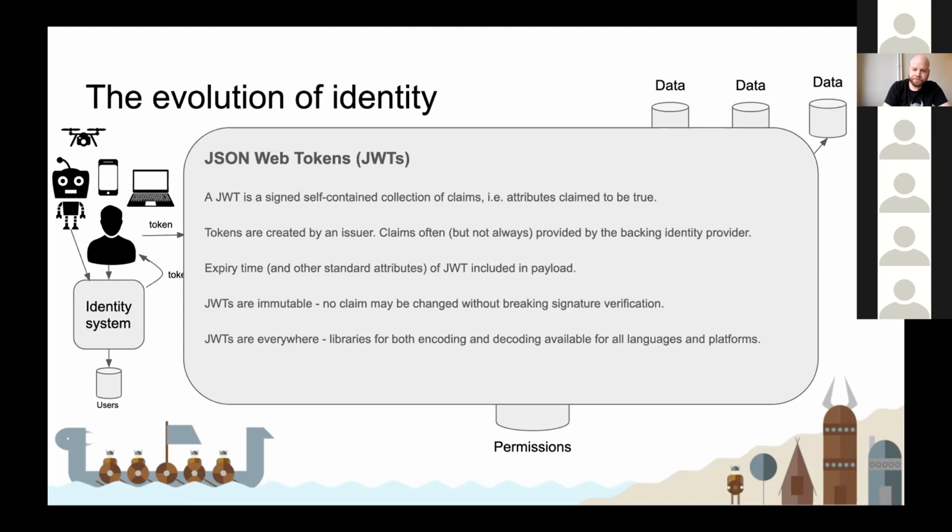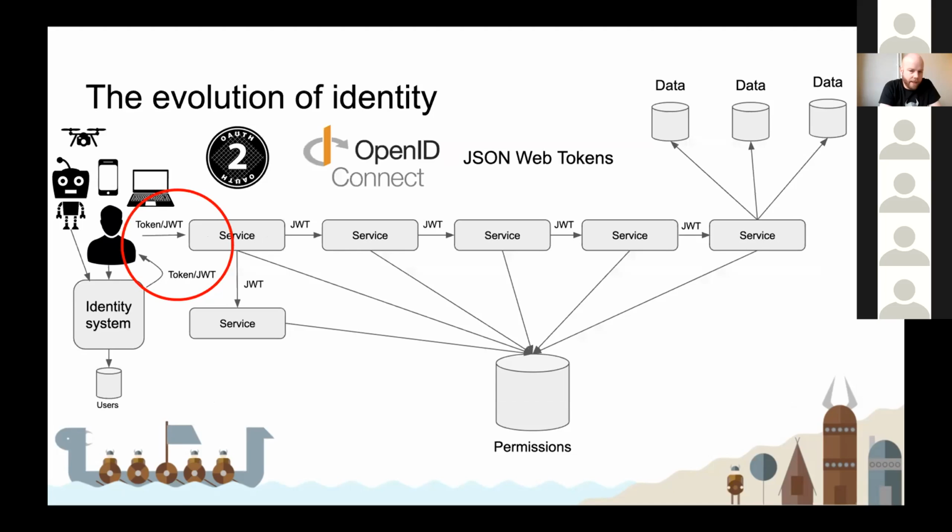Some other attributes of JWTs: they are immutable, so we know they can't be tampered with along the way, or else the signature verification would fail. And being such a pervasive standard, JWTs are pretty much everywhere, so we have libraries for encoding, decoding and working with these. So now we have a pretty good model for dealing with identity.